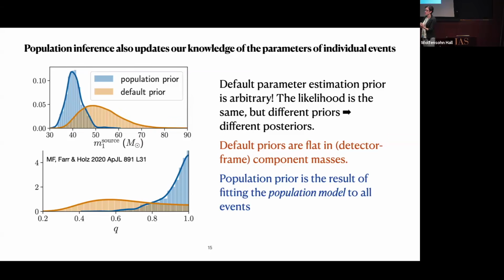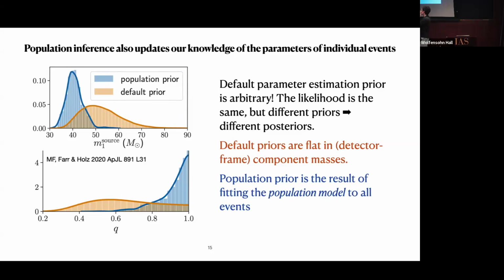In general, if you have a flexible enough model that gives a good representation of the population, then as you add more data, your posteriors on the individual events will only improve.